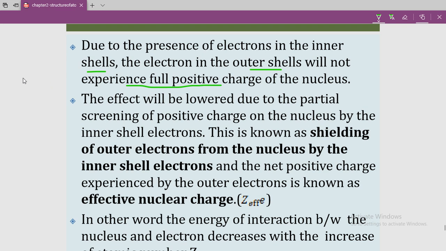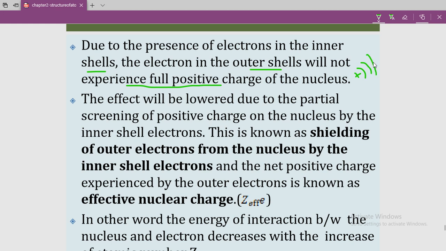Suppose this one is the nucleus, and this is the first shell, the second shell, and this is the third shell.